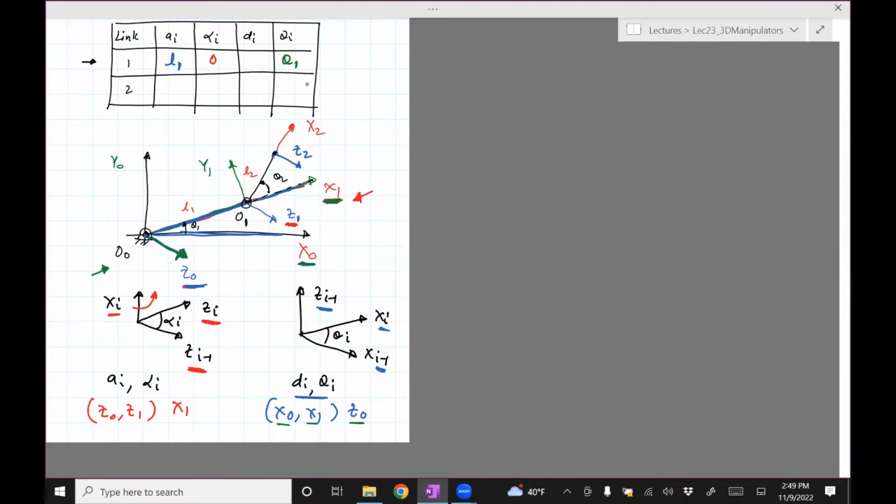But here they are in the same plane, both in the xy plane. So when you look at it from here, the distance between x0 and x1 is basically 0. So 0 there.